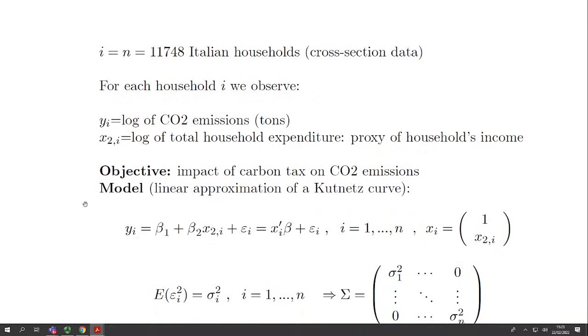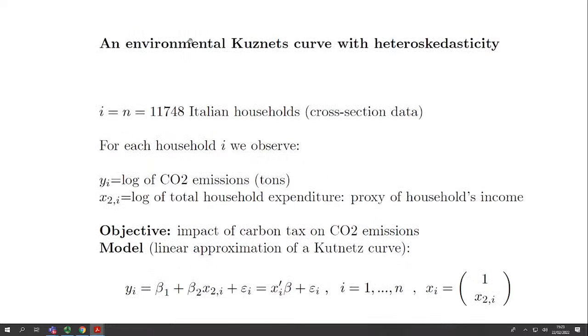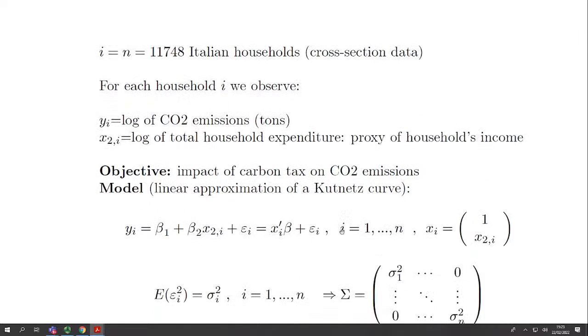The model we are considering, as I said, you will study the Kuznets curve. You will say, Professor, this is not a curve, what you are estimating now. Let me consider a linear approximation of a Kuznets curve. There is a mistake here: the Kuznets curve should be written like this. This is correct, this is wrong, but it doesn't matter.